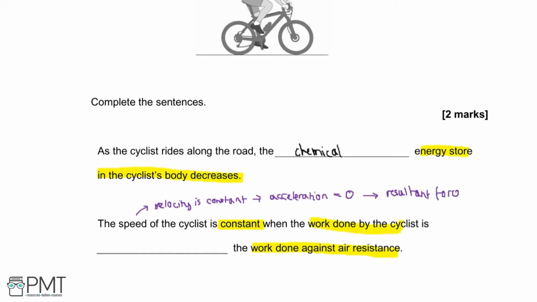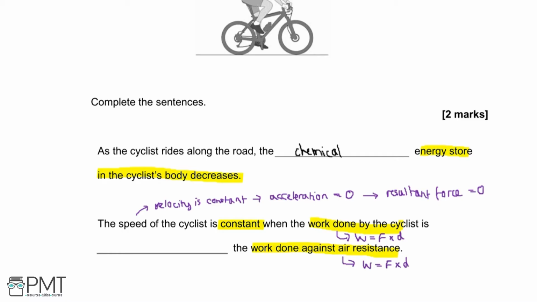It means the forces on the cyclist are balanced. And we know that work done equals force multiplied by distance. Work done by air resistance also equals force times distance. Now the distance for both of these forces is the same because the bike will travel a certain distance.